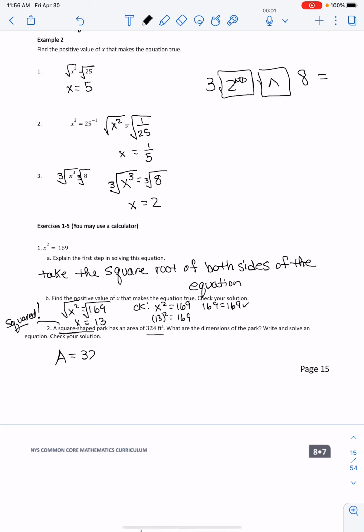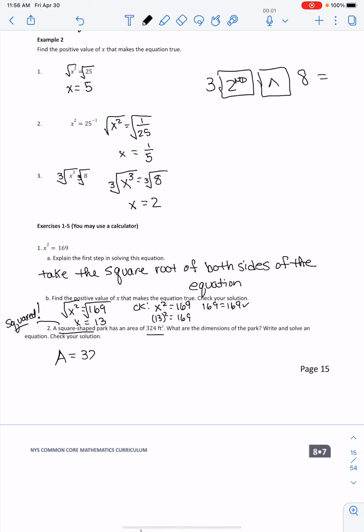Okay, to check it, I have my area equals 324. So my side squared equals 324. So 18 squared equals 324. 324 equals 324. And it checks.